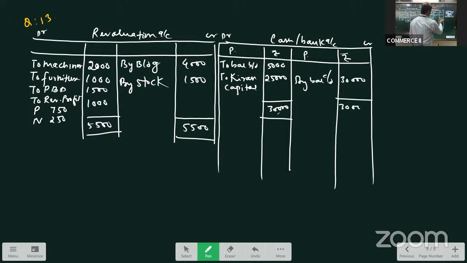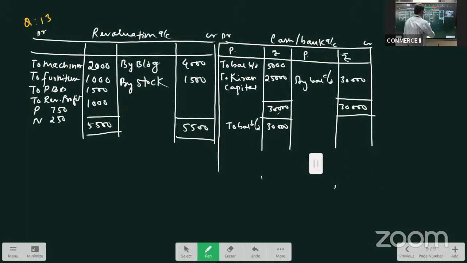To balance brought down, it is 30,000. Clear? Good. What is the next one? Tell me what is the next one? The next one is goodwill account.